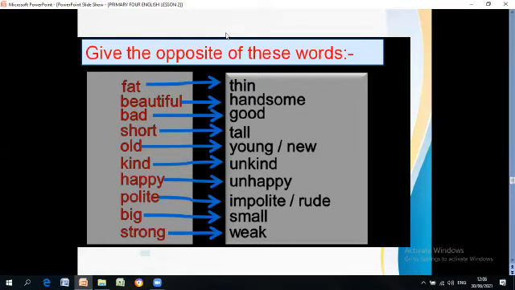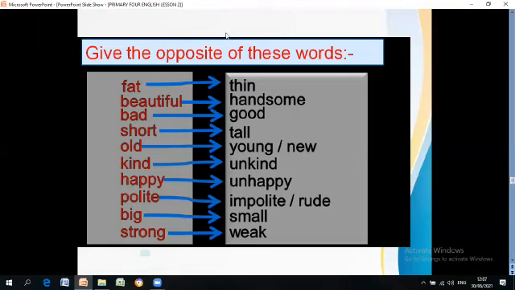Bad, the opposite is good. Short, the opposite form is tall. Old, the opposite form is young. And sometimes we can also use new, depending on what one is talking about.